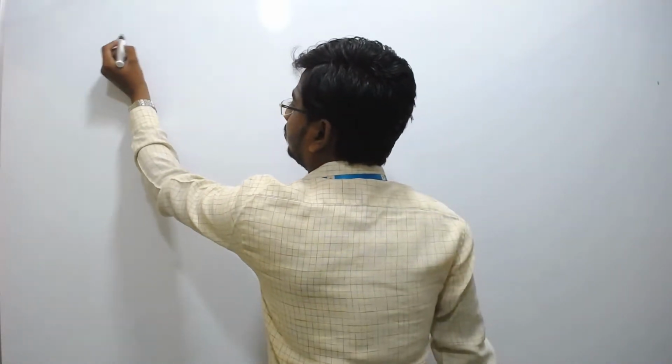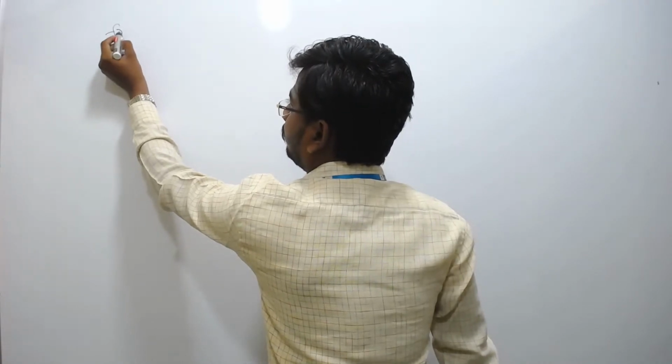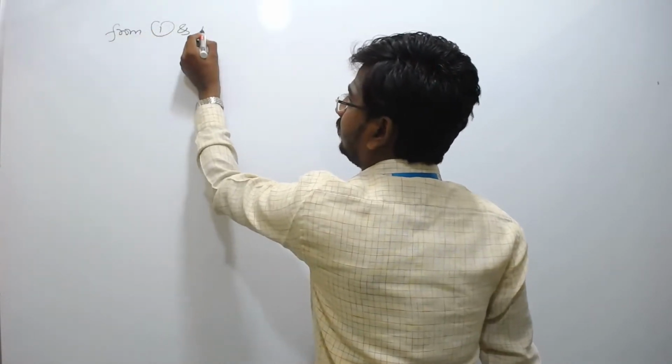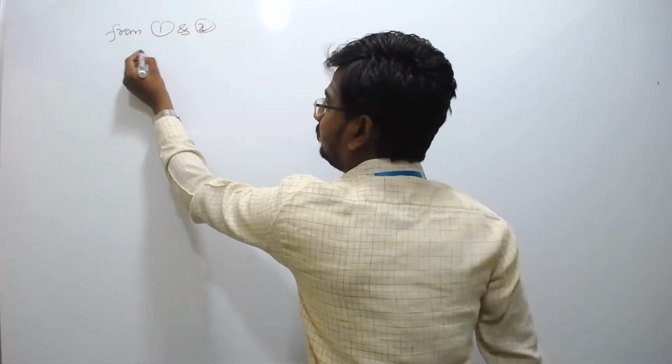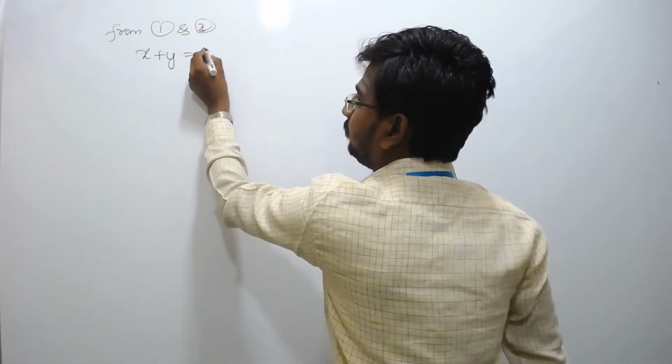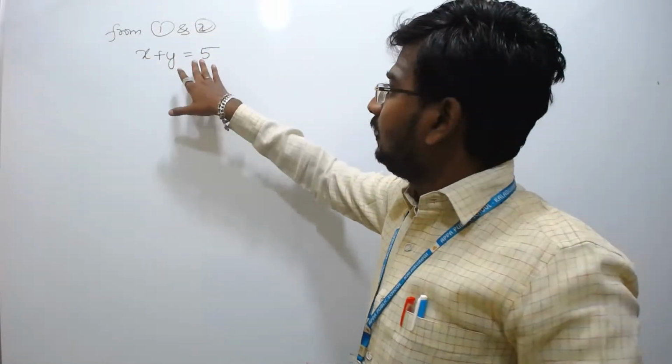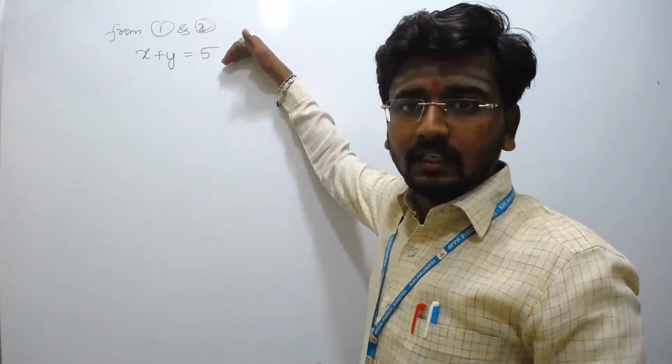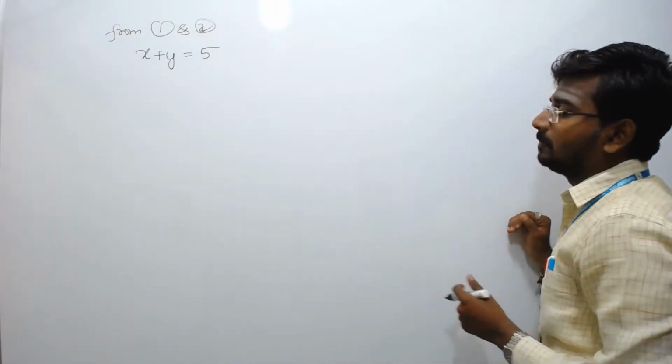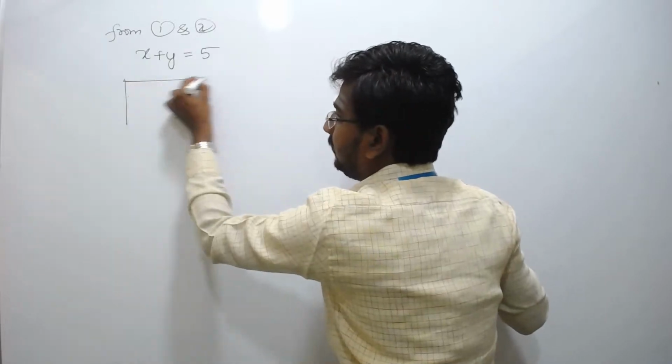Since now the system is consistent, I have to solve it graphically. So I will take from equations 1 and 2. What is given? x plus y equal to 5. You can keep this constant in the RHS part only. Whatever is given, you can take it. x plus y equal to 5. I will write here. I will make one box.